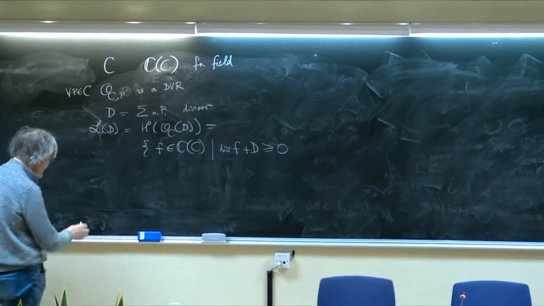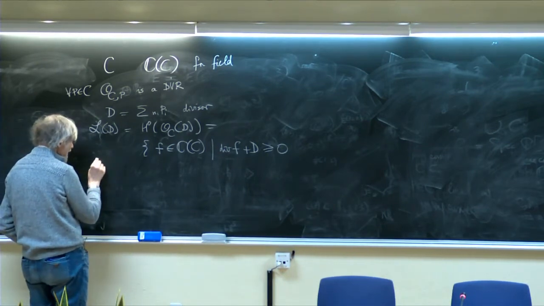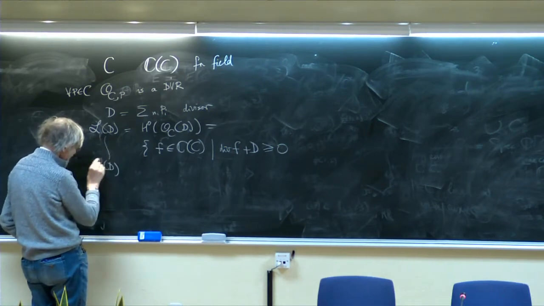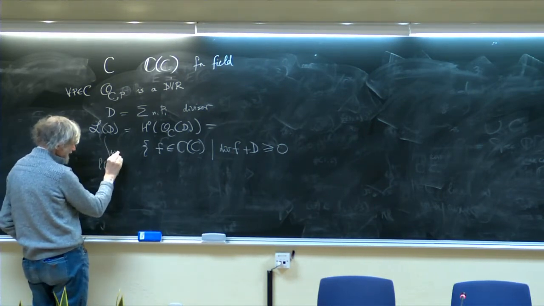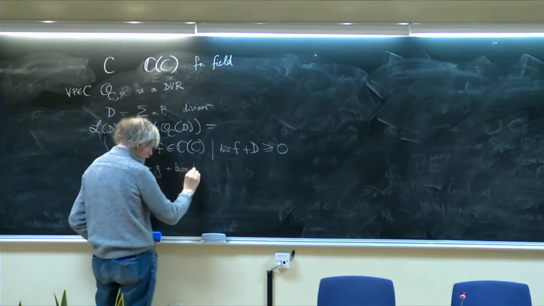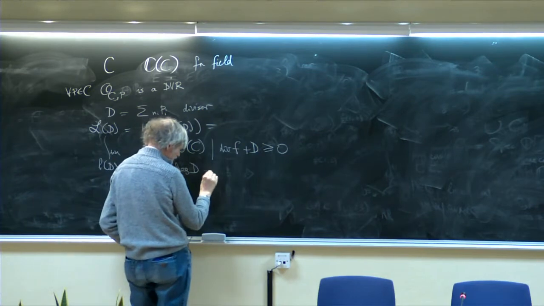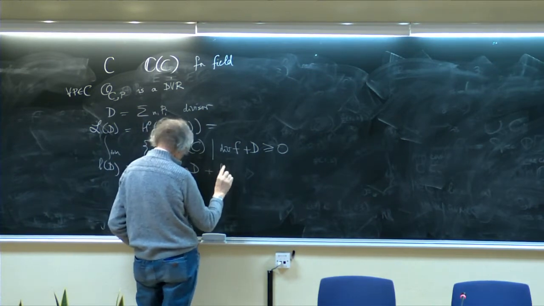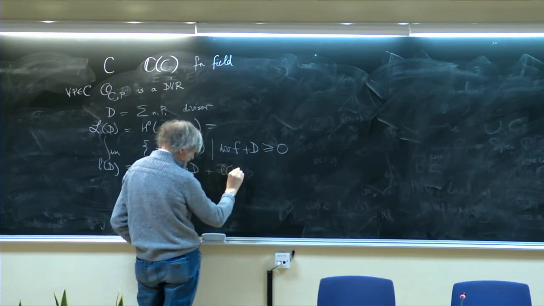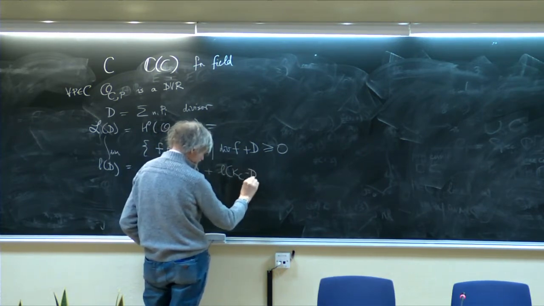Yes? And so the formula is that the dimension of L(D) is 1 minus g plus the degree of D, and then possibly plus H^0, that is L(K_C minus D).